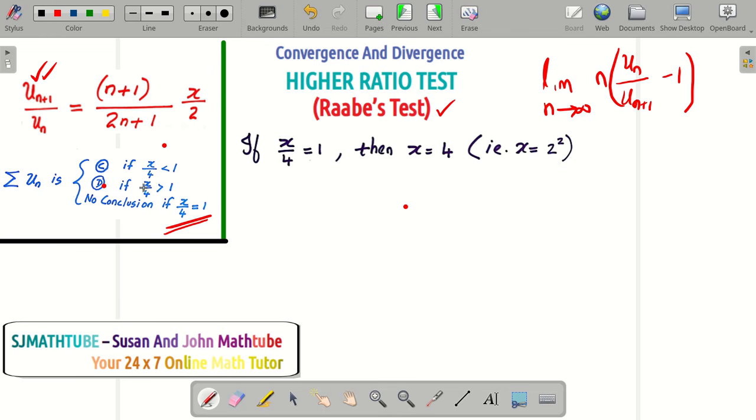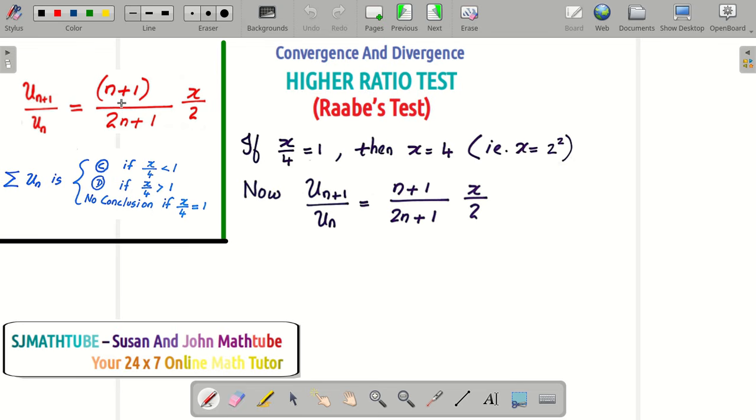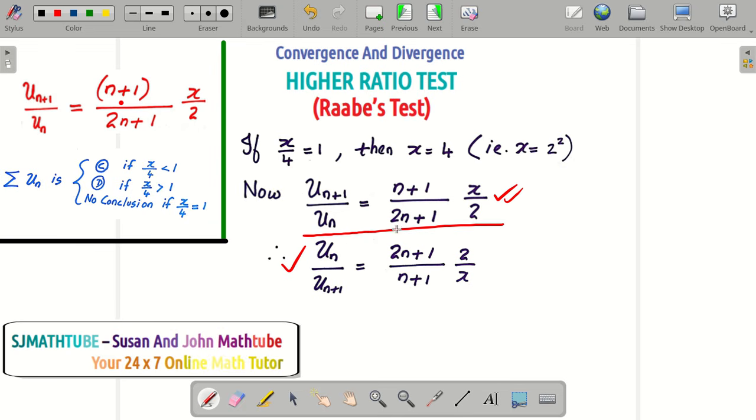You can check a few minutes back. I have this expression, and from here I'll be able to write un by un plus 1. Once you have un plus 1 by un, you can just take the reciprocal and have this.